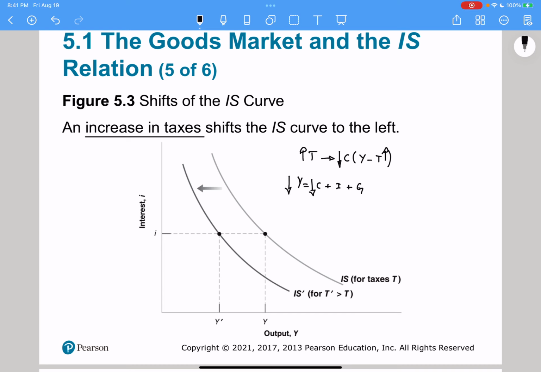Therefore, when you increase t to t prime, you have this reduction of the equilibrium output. This is what happens when you increase the taxes in the economy. As people will have less money to consume, the output of that economy, therefore the GDP of that economy, will shrink.